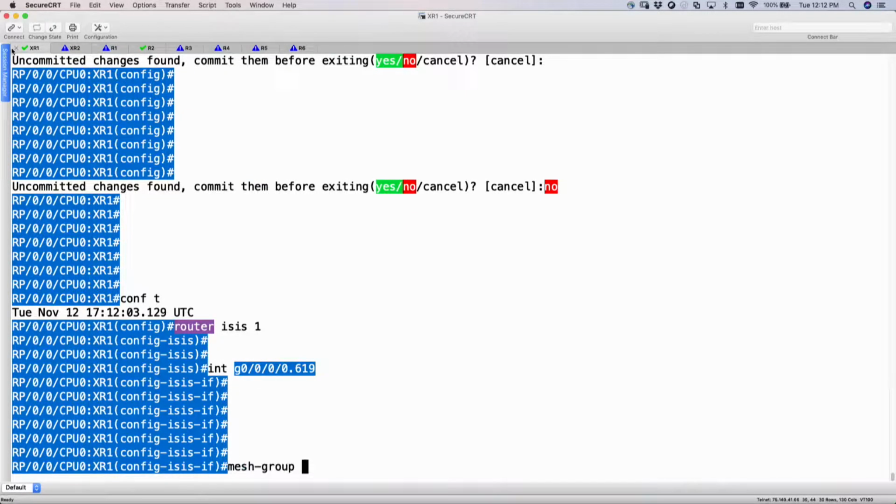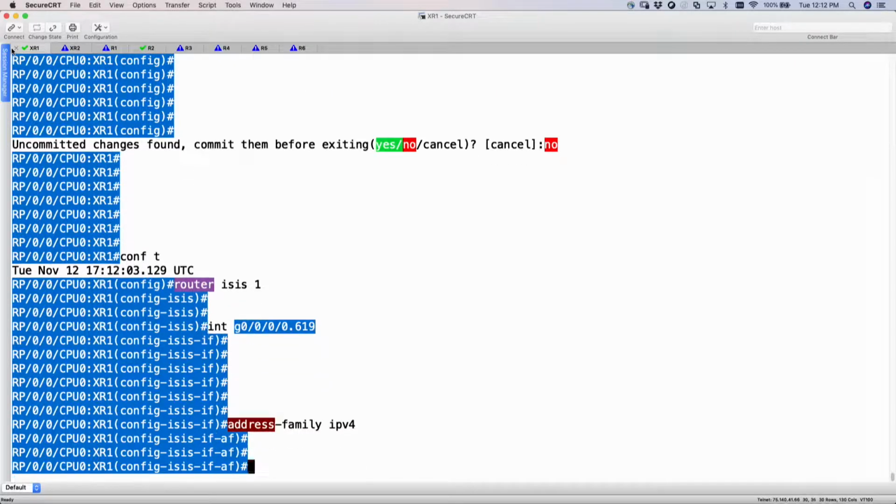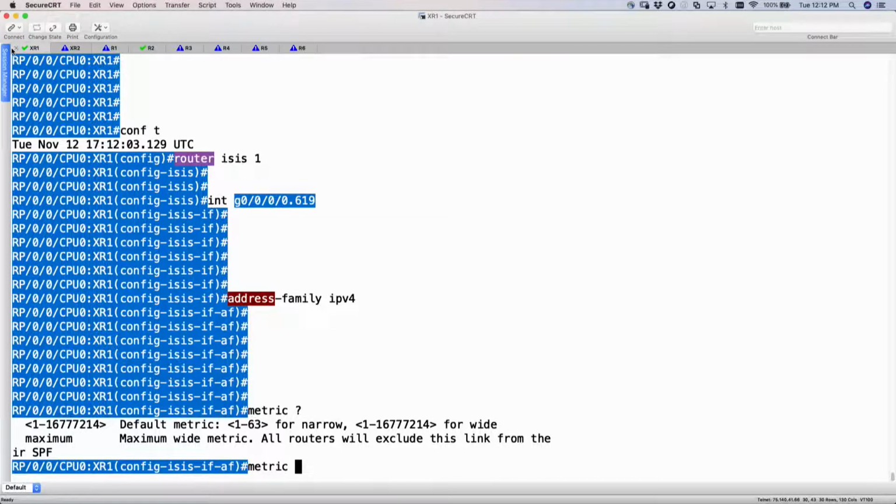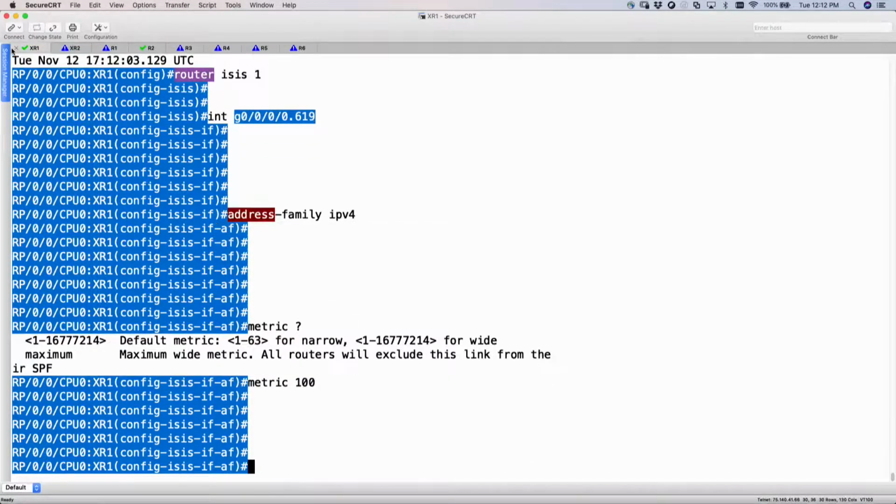If I look at the metric command, it doesn't really exist here. You have to go inside the address family under the interface. So address-family ipv4, and here I would say metric and set the metric that I want. Can I give higher than 63? Let's try 100 and do a commit.